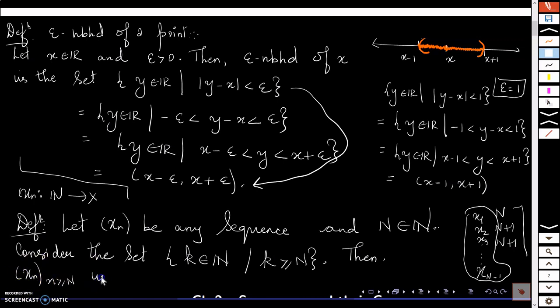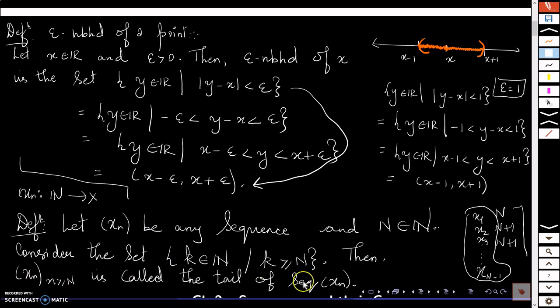This sequence is called the tail of the original sequence. So after restricting the set of naturals to a particular set, the first few terms you remove. You can think of capital N as 100. The first 100 terms you remove, and then from the 101st term, that is called the 100 tail of the sequence.